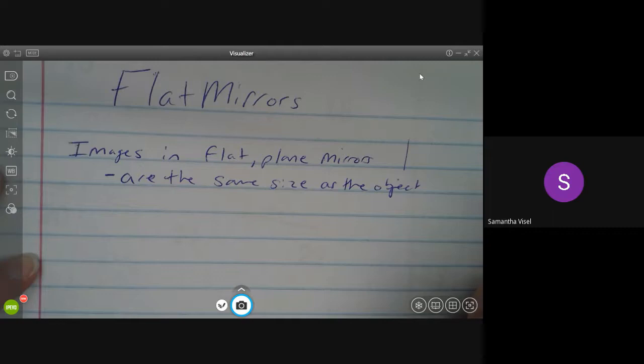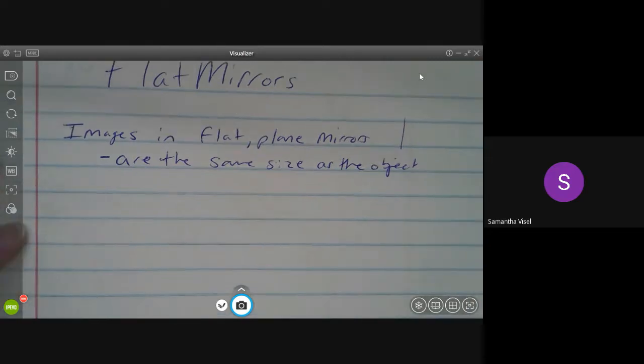That's partially why we use flat mirrors specifically, so that we can visually see our relative size. Flat mirrors don't make the actual object look larger or smaller than what it's supposed to appear. So images in a flat plane mirror are the same size as the object.